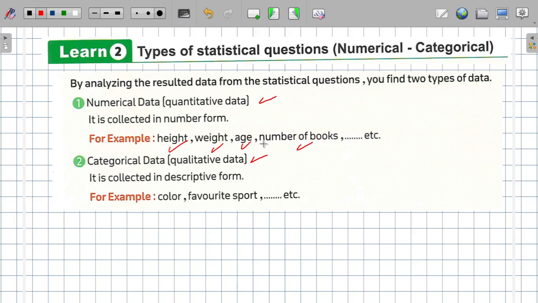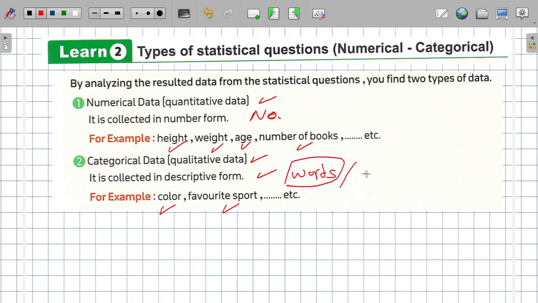Every question here will be answered in numbers. But here I have a descriptive form, so my answers will be like words, like colors, favorite sports, and so on. So here I have numbers, and here I have words.